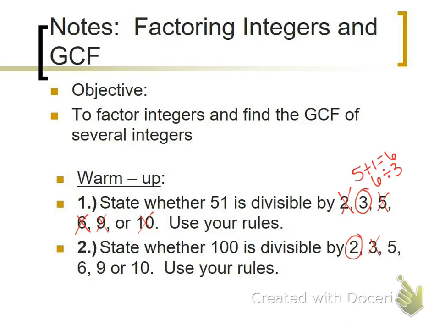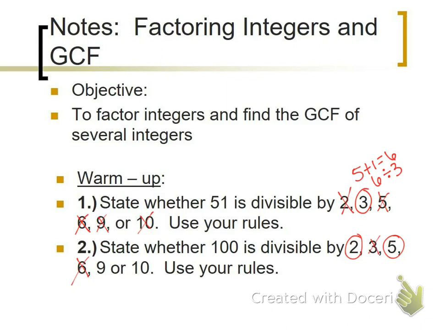Is 100 divisible by 5? Yes. How do you know? Ends in 0, so it is divisible by 5. What about 6? No, because it needs to be divisible by 2 and 3, but it was not divisible by 3, so it can't be divisible by 6.